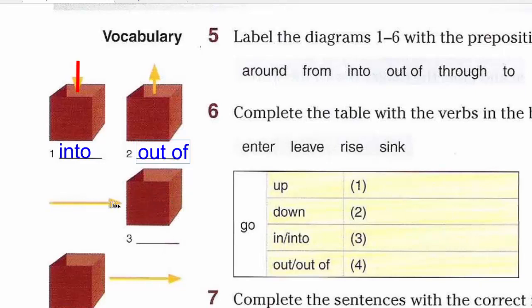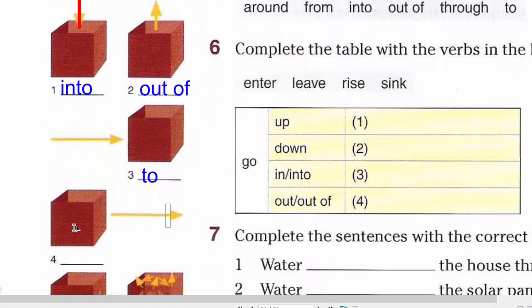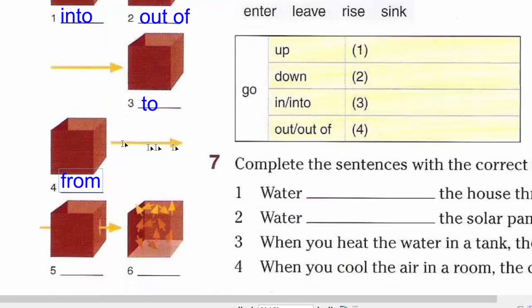To the box. Now the arrow is coming from where? From the box. The arrow is coming from the box.